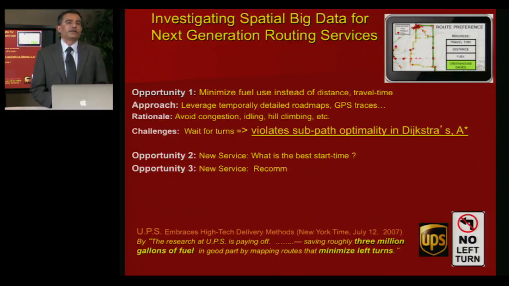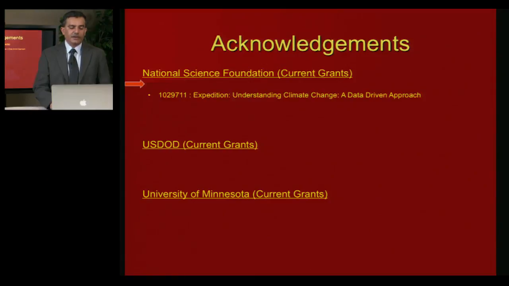That is something today's roadmaps cannot do, but the new temporally detailed roadmaps can. There was a small experiment in Beijing where they showed that if you leverage GPS tracks, you could beat Google Map based routes by 30 to 40 percent, by adjusting your start time and taking advantage of time variation. So again, a very exciting area, and there are many opportunities in leveraging big data.